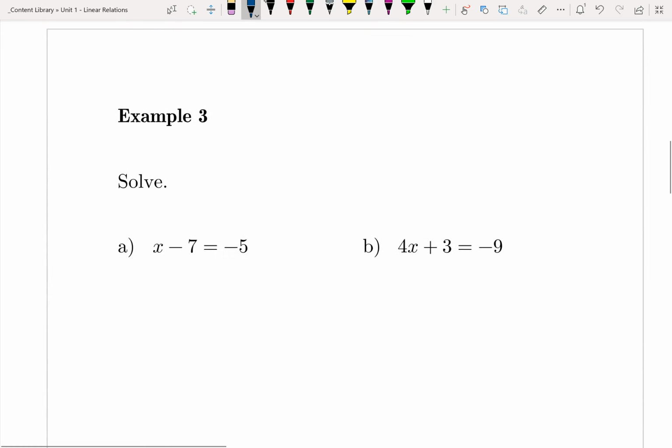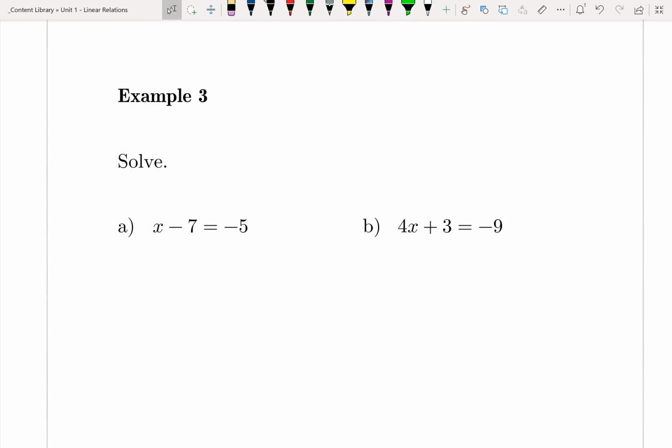In example 3, I want to solve an equation, which is what I have here. I want to find what x equals, or in other words, I want to isolate for x, or get x by itself.